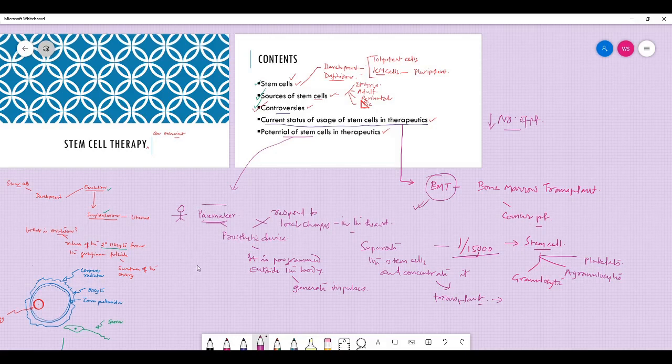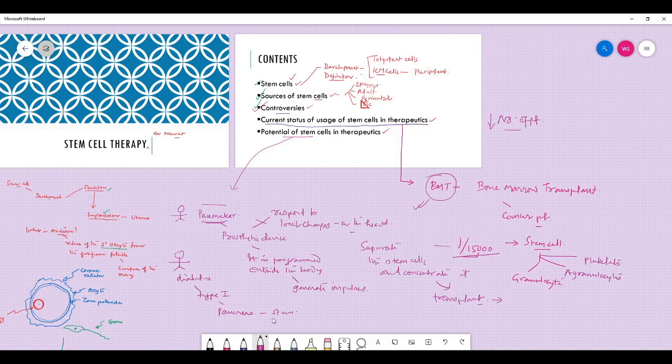So let's give another example. A person has, say, diabetes, say type 1. Type 1 diabetes is basically that you don't have a functioning pancreas. So what if you can make a pancreas using stem cells from the patient himself?